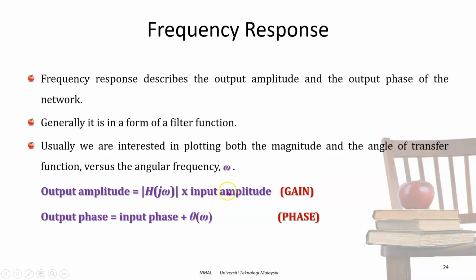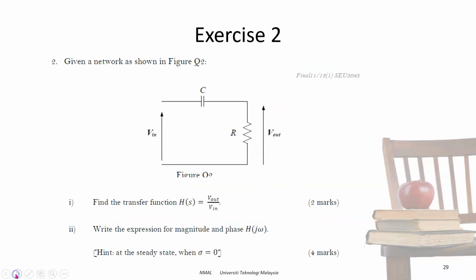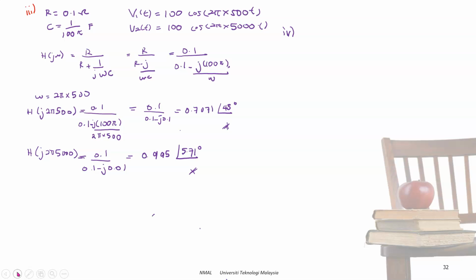So we multiply by the input amplitude to get the output amplitude, and for the output phase, we just have to add the phase of H(j omega) plus the input phase. So for question number 4, V0(omega), which is the output amplitude, is equal to H(j omega) multiplied by V1(omega).